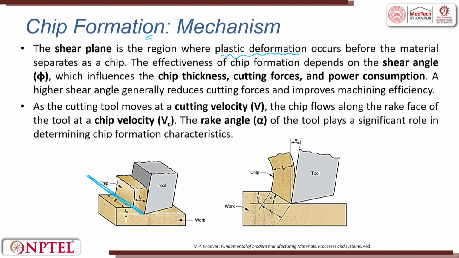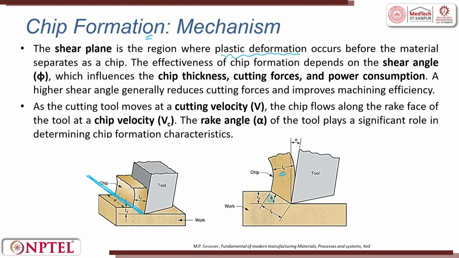The effectiveness of the chip formation depends on the shear plane angle, which is called the shear angle. So, what is the shear angle? Phi is the shear angle, which influences the chip thickness. What is chip thickness? This is TC.